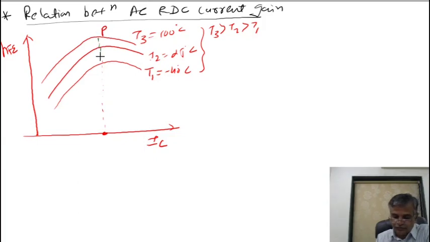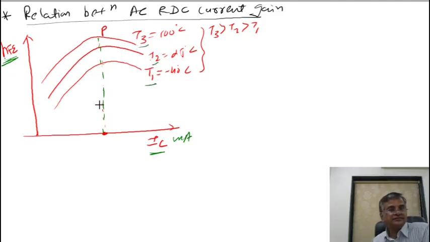So the graph of DC current gain versus collector current at different temperatures is shown in the figure. Now let us make a conclusion from this.